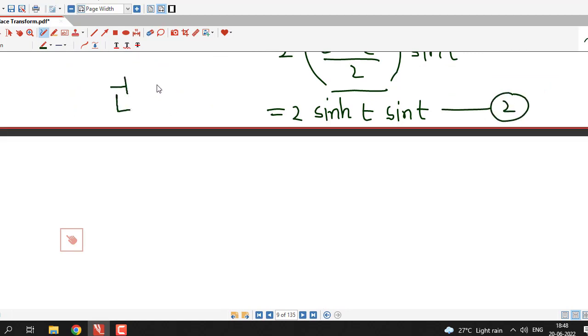On the left hand side, we have L inverse of 4s divided by s raised to 4 plus 4.